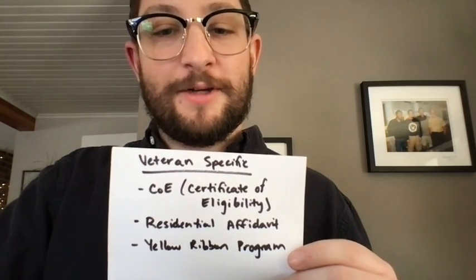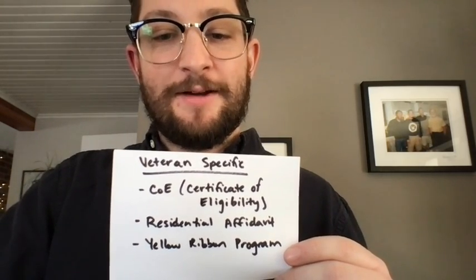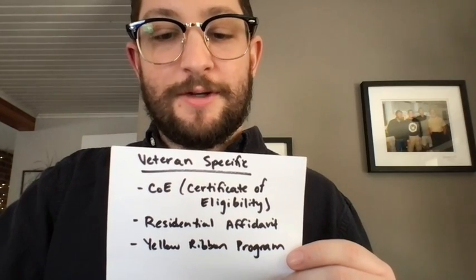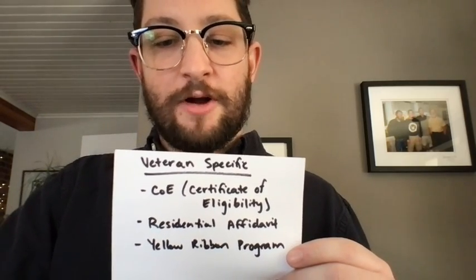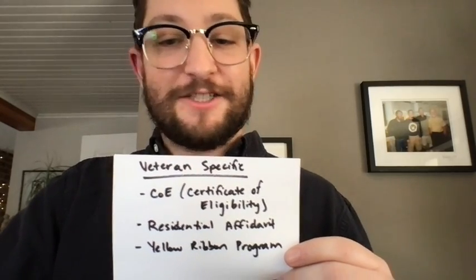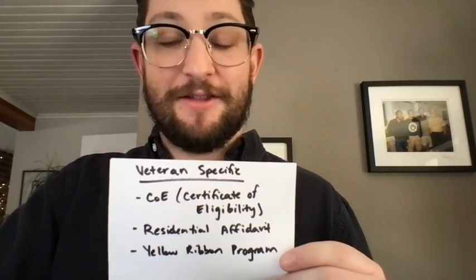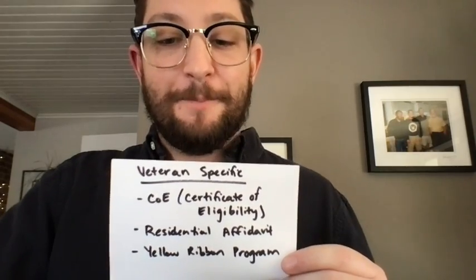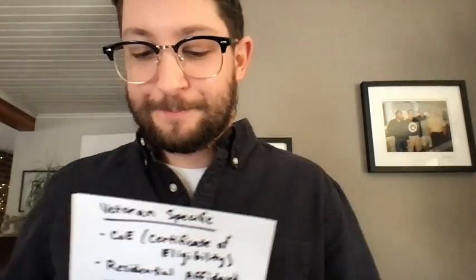I think you're probably going to need your DD 214 in order to get certified for the Yellow Ribbon Program at that school. You're going to need your DD 214 for the rest of your life anytime you're trying to do anything military related. So make sure you send that in.